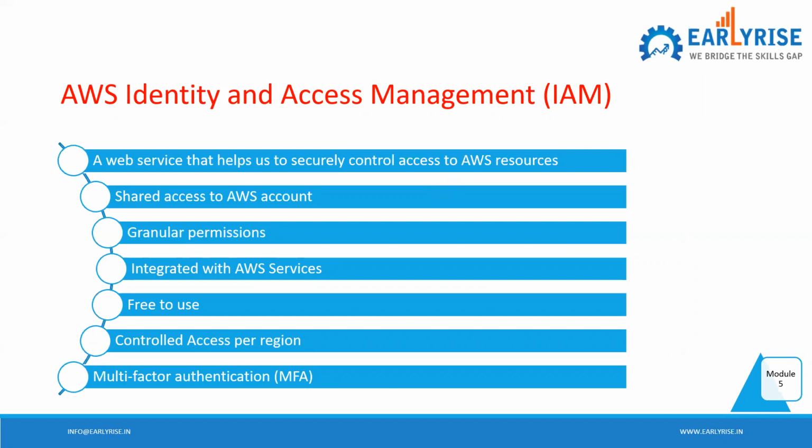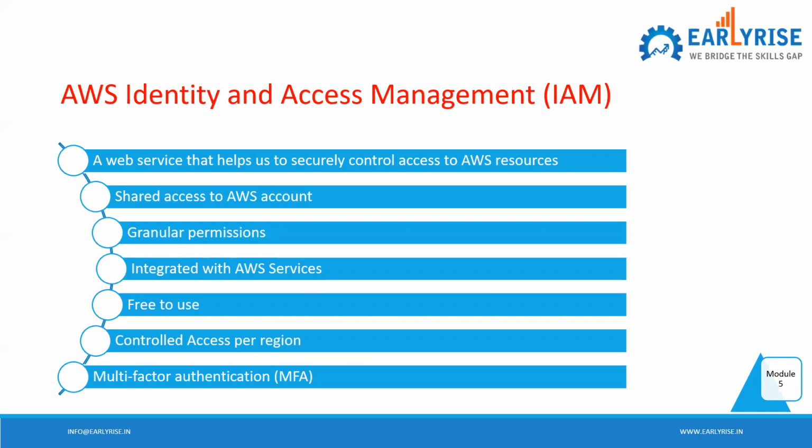In other words, it provides controlled access to our resources in the AWS Management Console. What we can do here is create users, groups of users, and certain roles. We'll discuss each in detail, and I'll also show you some demos. You can also go ahead and do some hands-on.